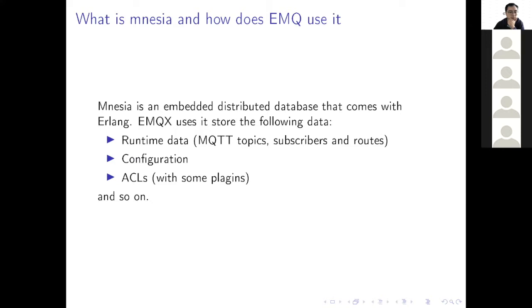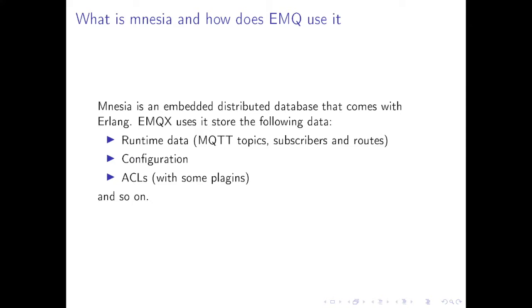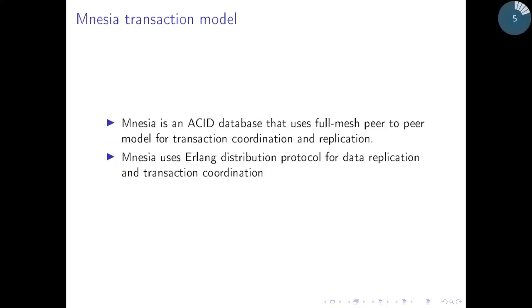EMQ X uses it to store the following data: runtime data such as MQTT topics, subscribers, and routes, and configuration. Also some plugins store data in Mnesia, for example, ACLs, user authentication, and so on.